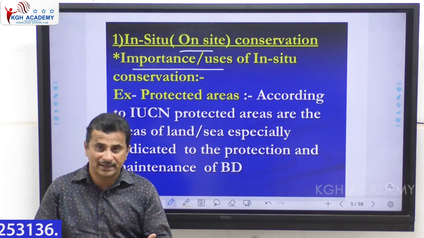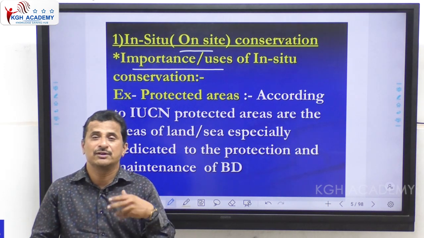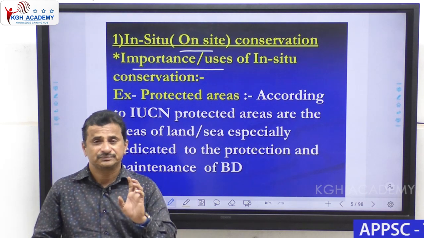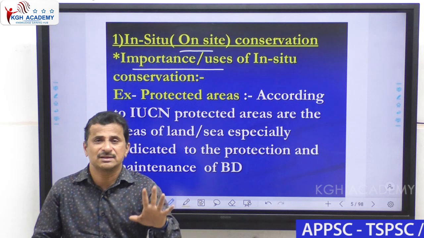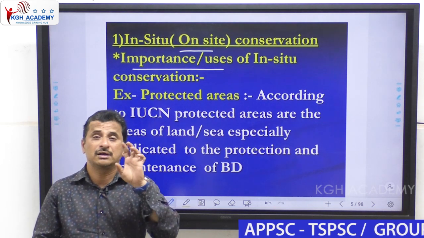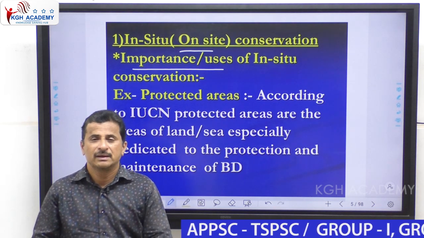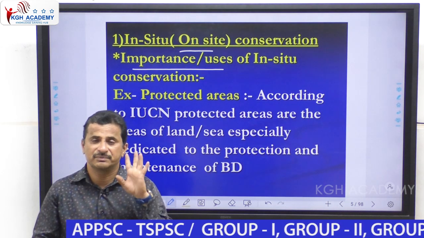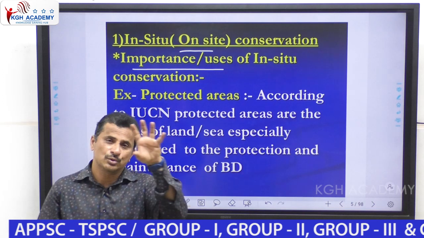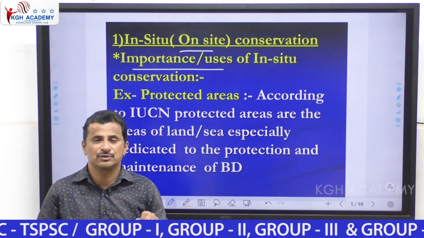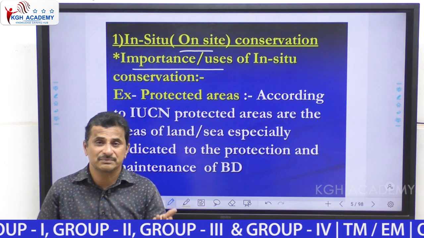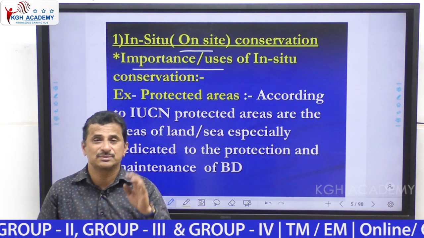But wildlife biologists and scientists first give preference to in situ conservation, because here the total ecosystem is protected and protection of all organisms is possible. In ex situ conservation, only one or two organisms are conserved, but in situ conservation makes total ecosystem protection possible, all types of organisms can be conserved, and ecosystem balance and maintenance are possible.